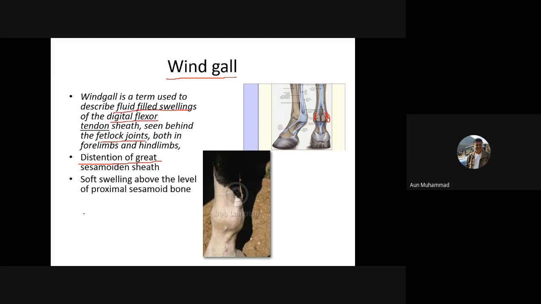So it is a very soft, fluctuating swelling, and it is painless most of the time, until and unless, because of the wrong approach of the owner or some quacks, they try to remove or aspirate the fluid by inserting a very dirty needle inside. That's why this sterile fluid sometimes gets infected, and this fluid-filled area results in abscess formation.